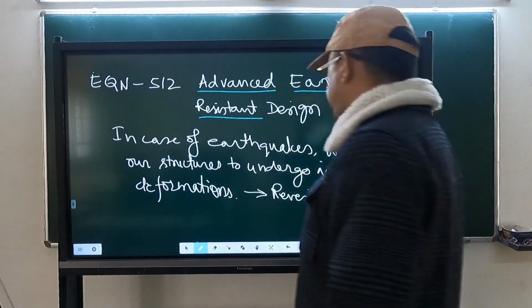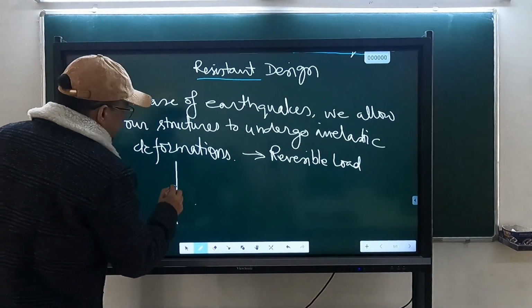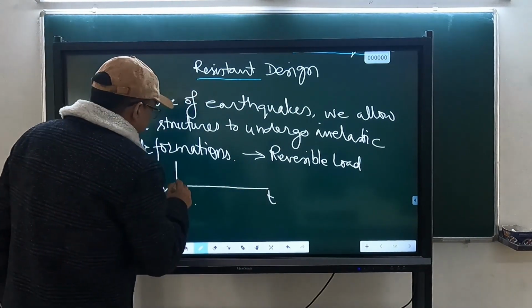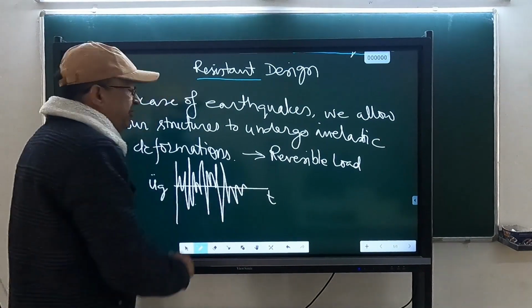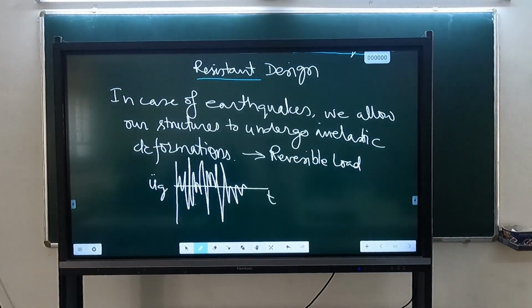The first thing we discussed was earthquake ground motion. So if I plot earthquake ground motion with time, we also compared it with wind. Wind is also a fluctuating load. It is changing with time. Wind is also having dynamic effects.